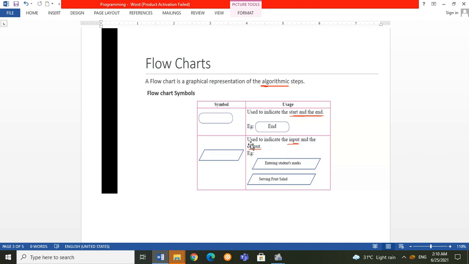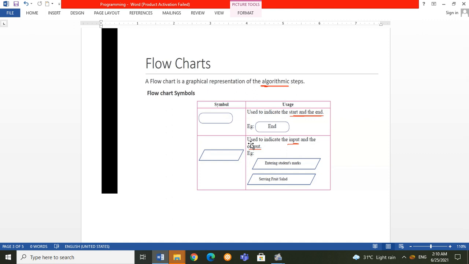A flowchart is an order of the procedure in which we put all the instructions together, one after the other. So you know what to do first and what to do next, likewise. You can understand.